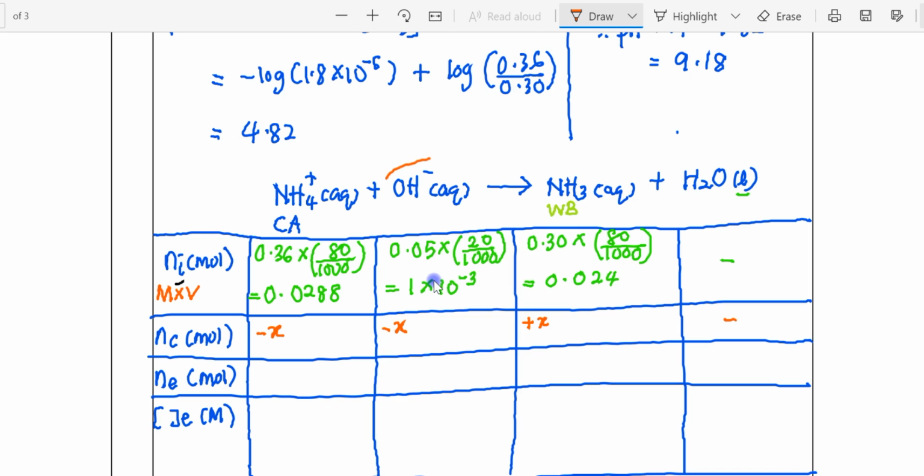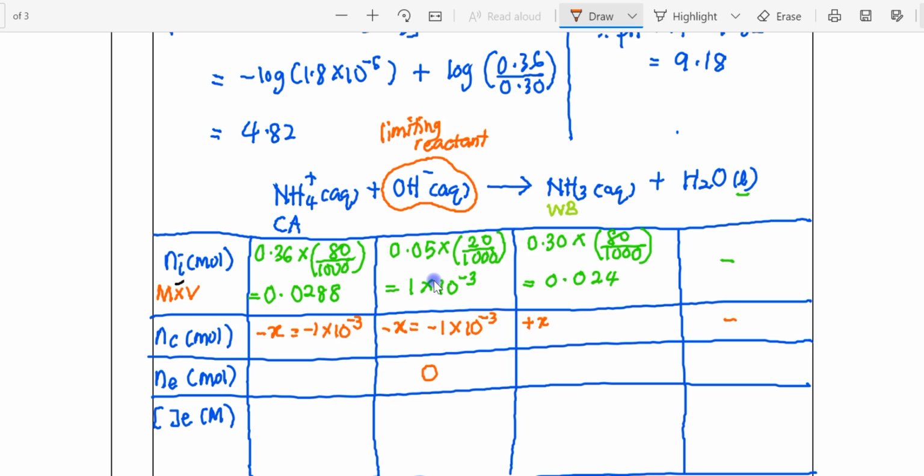Now refer back to the initial moles of both reactants. We can see that the OH minus ion has a smaller number of moles than the conjugate acid, so this is the limiting reactant. As we already know, the limiting reactant limits the amount of product formed, and it will be completely consumed. Meaning the mole at equilibrium for OH minus ion is 0. Therefore, we know the value of X is 1 times 10 to the power of negative 3.